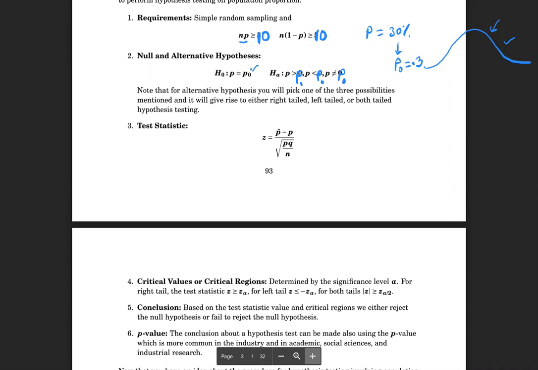Now, the next step is the test statistic. We are going to do the calculation for the test statistic, okay?